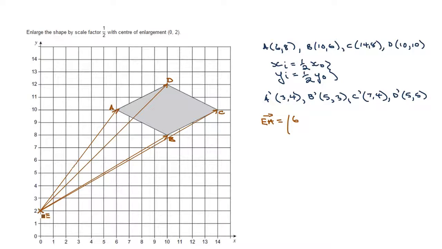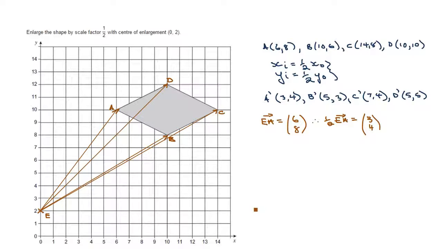So 10, subtract 2, so 6 along and 8 up is E to A. Now if E to A is at 6, 8, then A prime must be at half E to A. So half the vector, half E to A, is going to give us the location. So half of 6, 3, half of 8, 4. So that's going to be the location now of A prime.